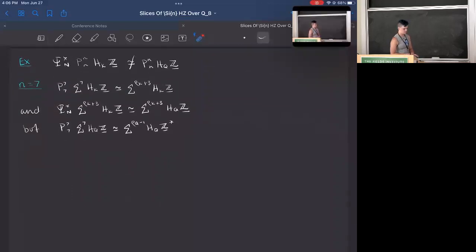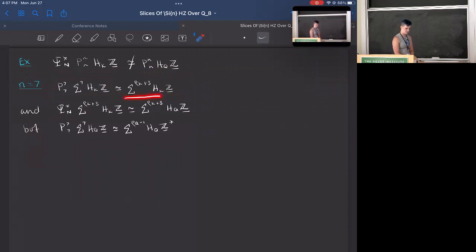So for example, if we take the n slice of HKZ and pull that back, we do not necessarily get the n slice of HQZ. So for example, when n equals 7, the 7 slice of the 7 suspension of HKZ is a rho k plus 3 suspension of HKZ.